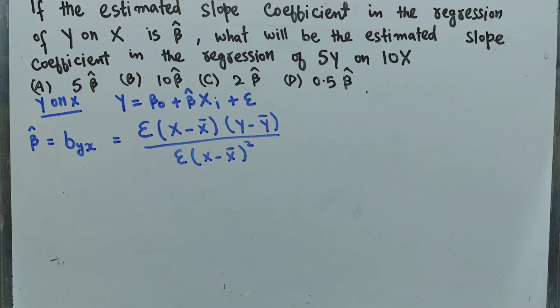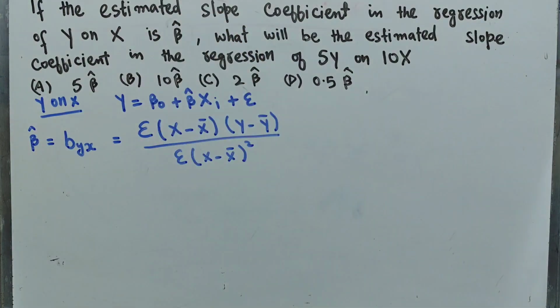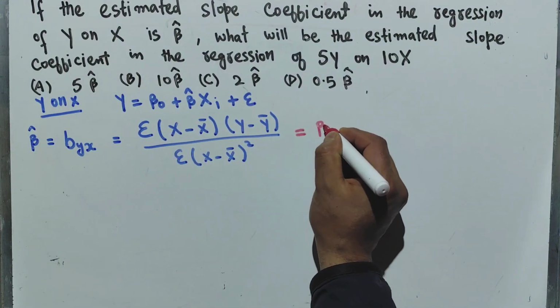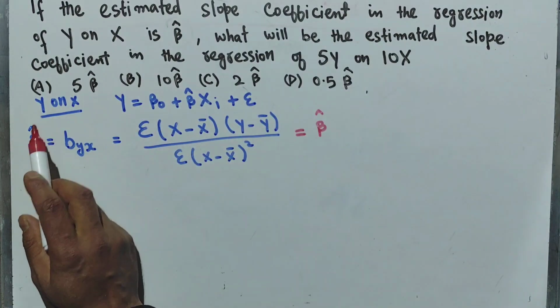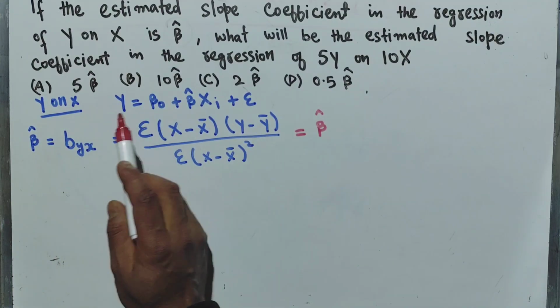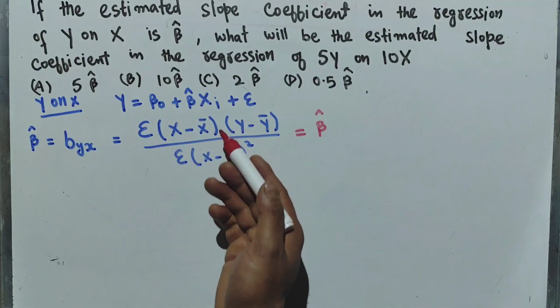And we are told that the slope is beta hat. That is, for this equation of y on x, the slope is given by beta hat. So you know the things here.